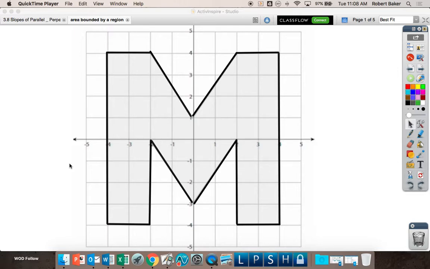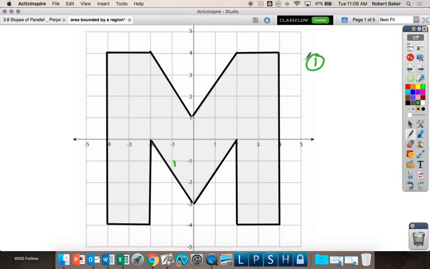So you want to start with this line right here? Let's start with the hard one. Yeah, we'll call this line 1, that way we know which line we're talking about. And it's our job to find the equation of line 1.